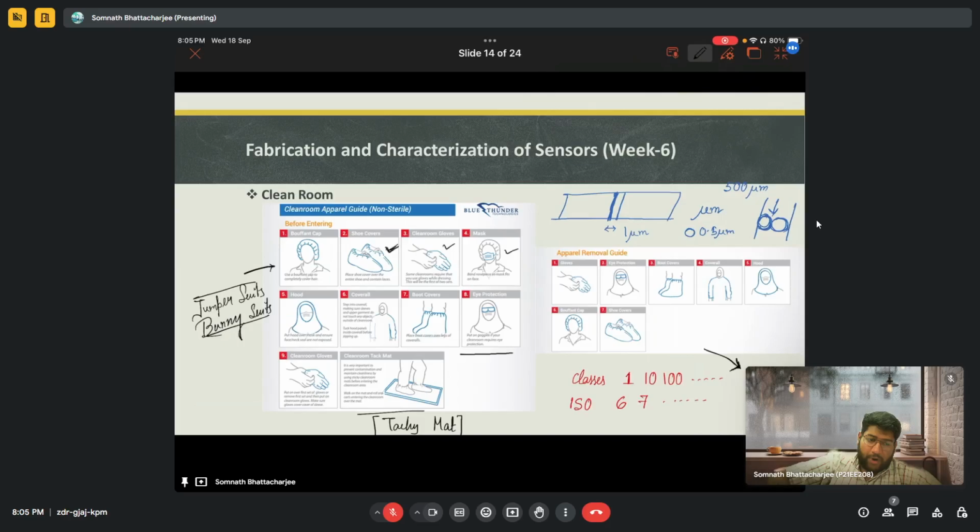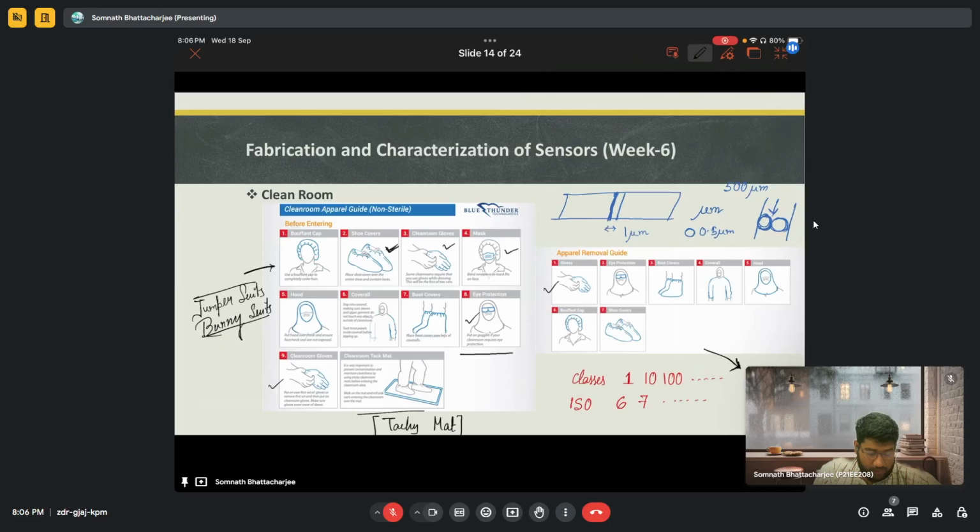It will remove all the particles from our body, and it will be sucked through a vent below our feet. Okay. And similarly, the apparel removal guide is similar. The way you have put everything on, if you have put on the gloves first, then you have to remove the gloves first.